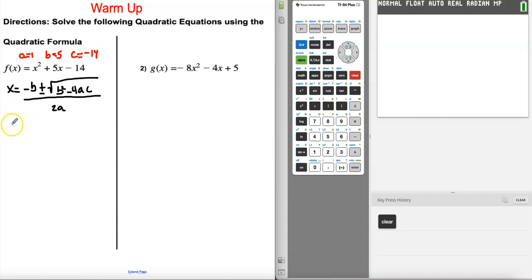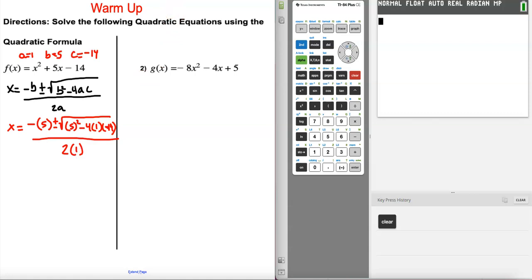I substitute those values into this equation, so I get x is equal to negative 5 plus or minus the square root of 5 squared, in parentheses, minus 4 times 1 times negative 14, and this is divided by 2 times 1.